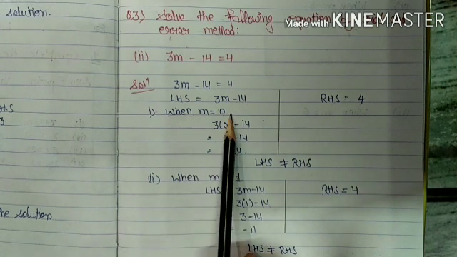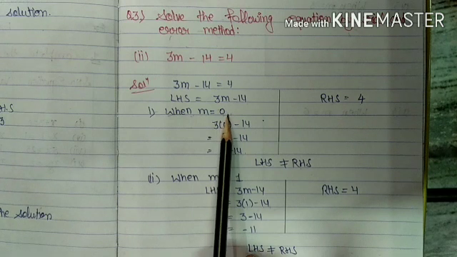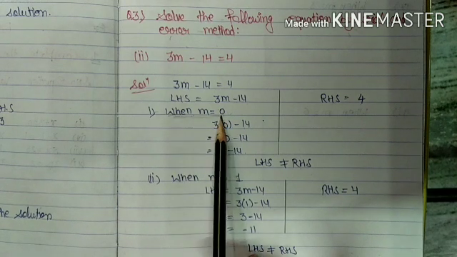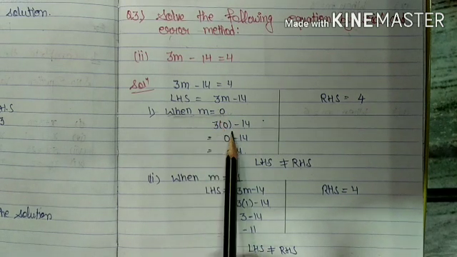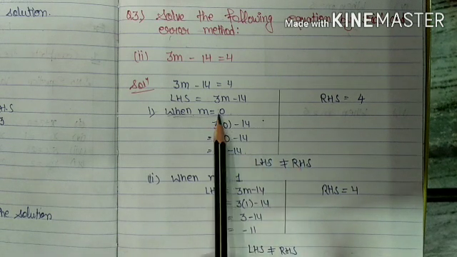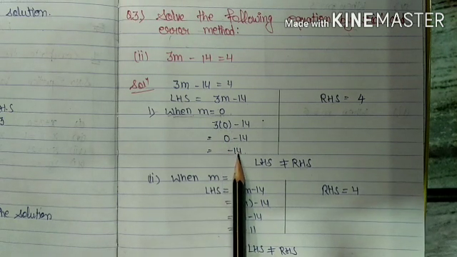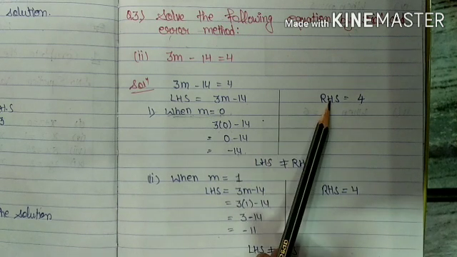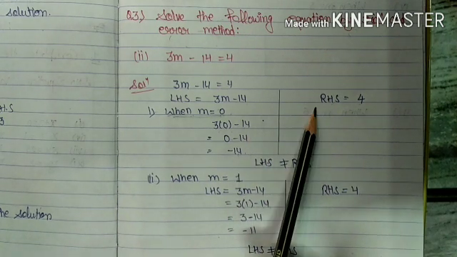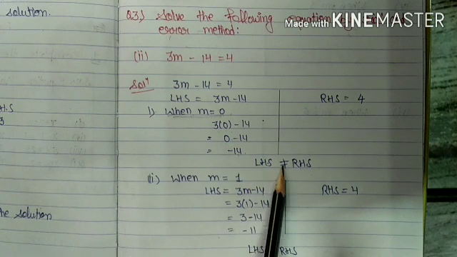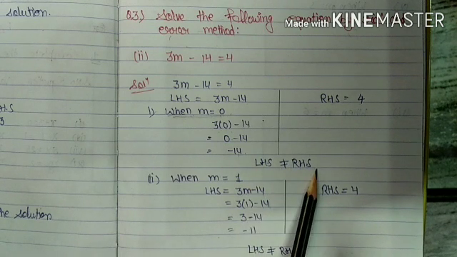Always remember, while trying different values, it is compulsory to tell which value you are putting. Then you will put and check that. Here I have tried first 0, then I will put that value 0. 3 zeros are 0, minus 14 gives you the left hand side. And right hand side is 4, both are not equal, then I will write LHS is not equal to RHS.